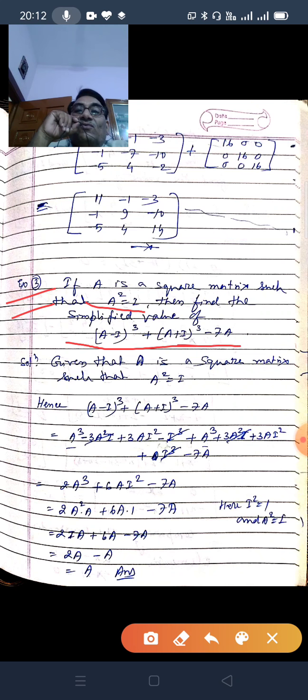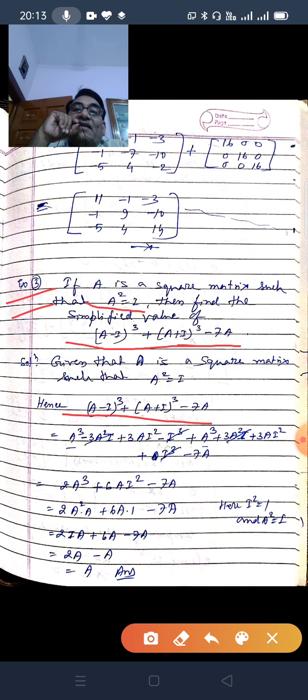Okay. So see here, given that A is a square matrix such that A square is equivalent to I. A square is equivalent to I.